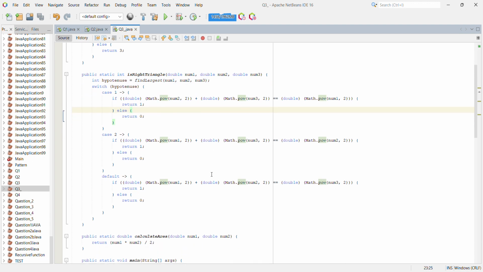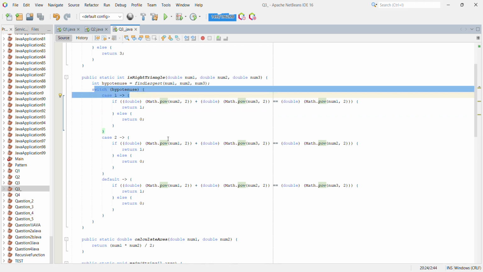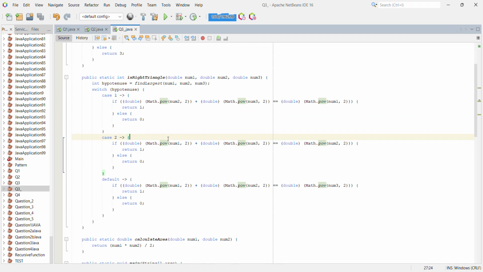Then we will return a value by writing the right triangle equation rule inside the switch case structure. We will return 1 if the three numbers entered form a right triangle and 0 otherwise.